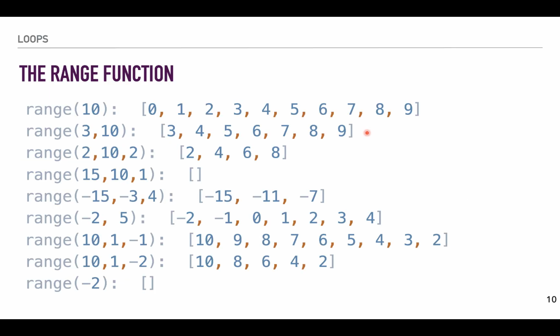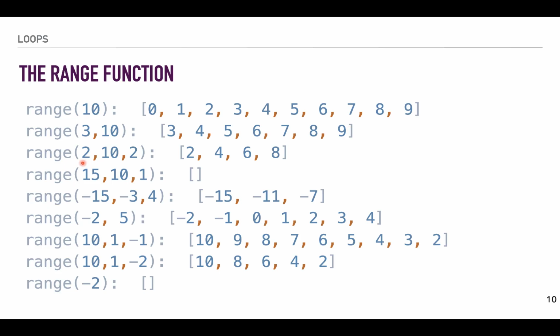Let's take a look at these examples. Range of 10. Here we only specify the end, which is exclusive. So we get the sequence from 0 up to 9. Next, range 3 and 10, we get a sequence that starts from 3 and ends at 9, and the increment is 1.